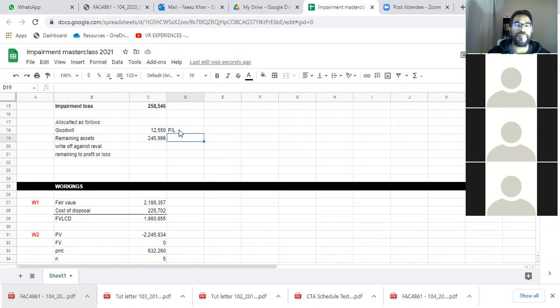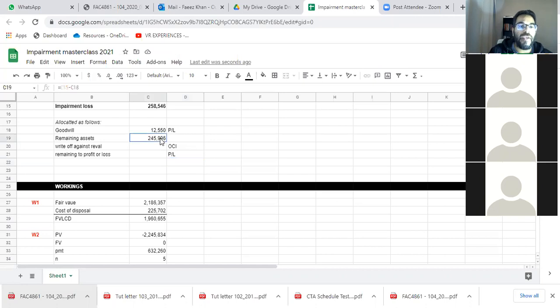But remember, like I said, the standard says that where there is an asset that is revalued, before you write off to P&L, you must first reduce revaluation as far as possible. So we're going to leave this blank for now, because we need to see how much of the revaluation can be written off. So just be aware of that.